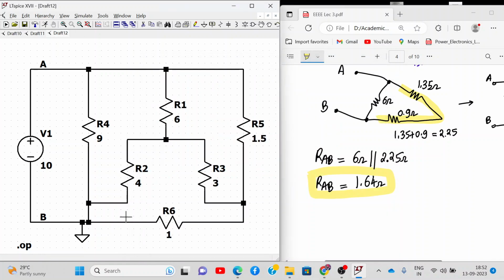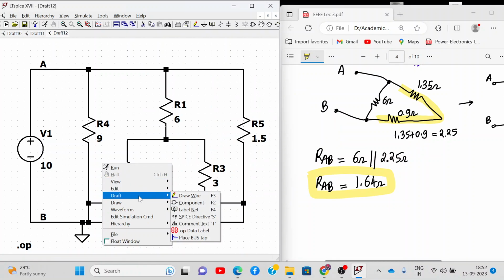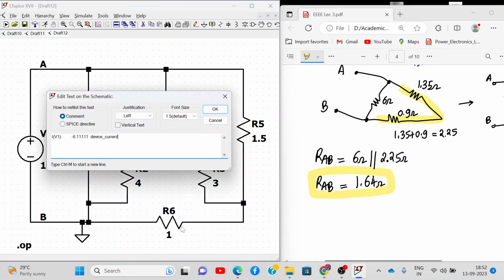So here I'll write it down. I'll go to draft, go to comment, and I'll add this. So I'll write RAB will be voltage V1 divided by current flowing through V1, which is 10 divided by 6.1111, and that comes out to be, I got in the calculator, 1.6363 ohms.